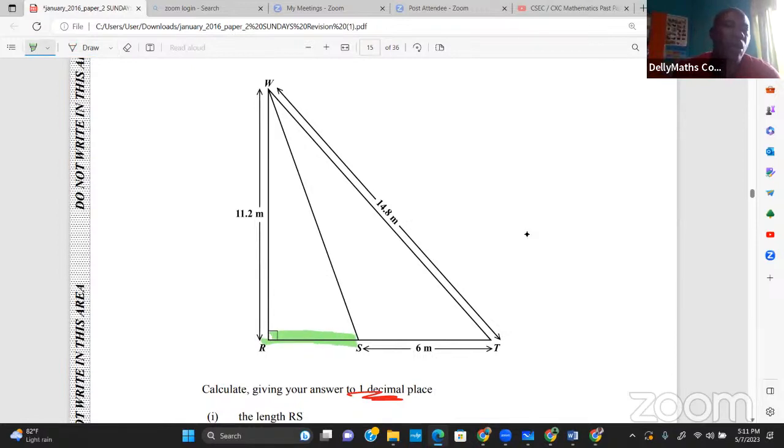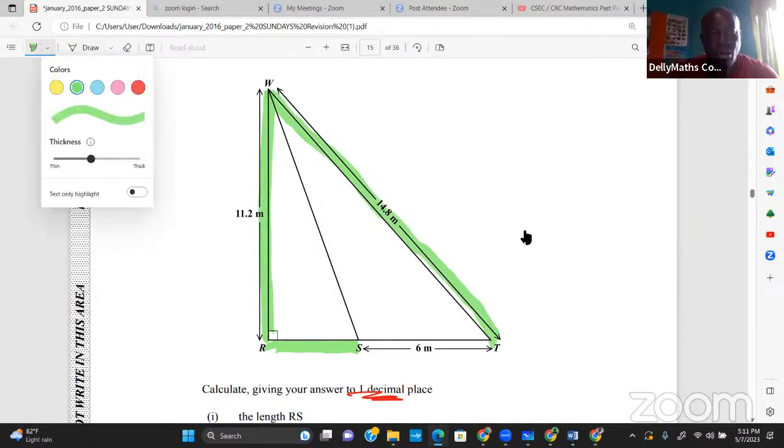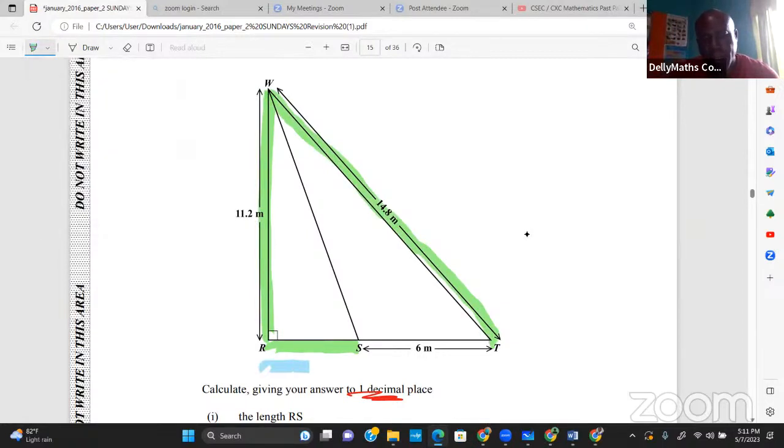But you see, when you look on the diagram, the information that you get, you're going to have to learn to utilize the information. I'm going to tell you what I mean. It's a right angle triangle. I have this side. I have this side. That means I can find all of this side.